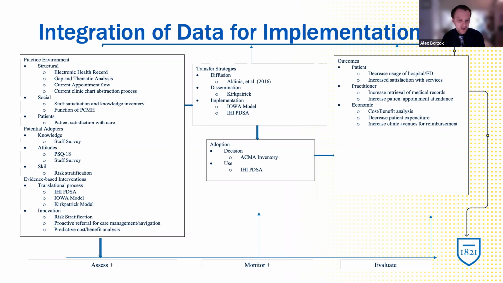And the Kirkpatrick model is an evidence-based method for evaluating the education component of the implementation to make sure that the education to the staff and to the patients has been effective, and that you can anticipate behavior change and compliance with the new procedures and interventions, particularly risk stratification, that's going to be part of this implementation.